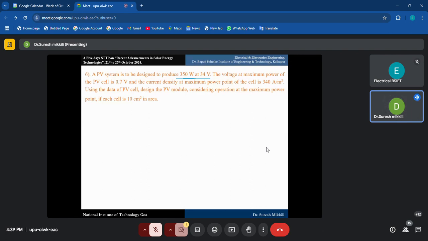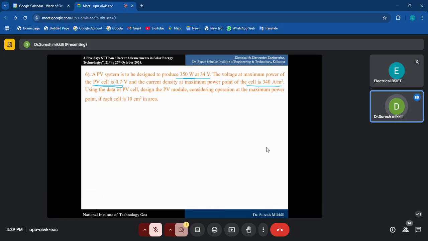The voltage at maximum power of one PV cell is 0.7 volts, and the current density of the cell is 340 ampere per meter square.